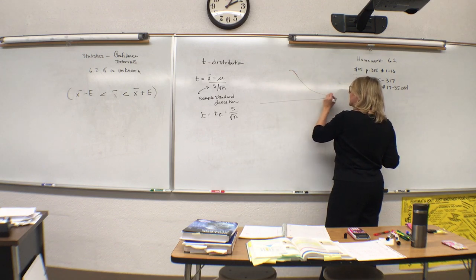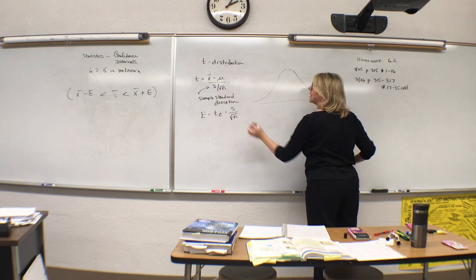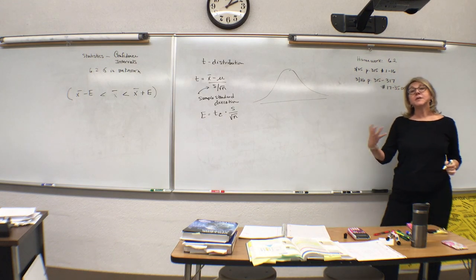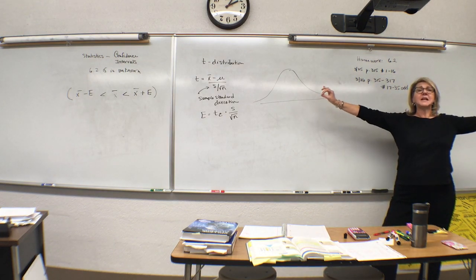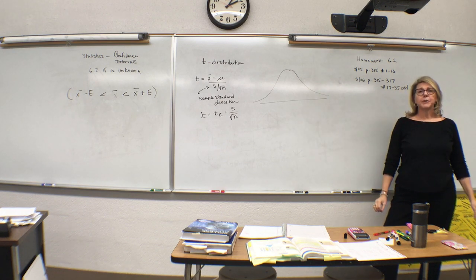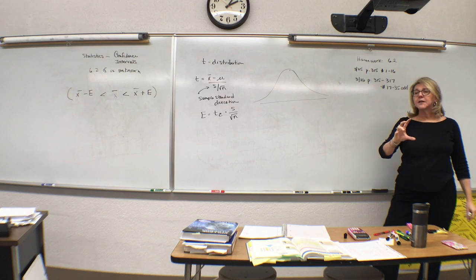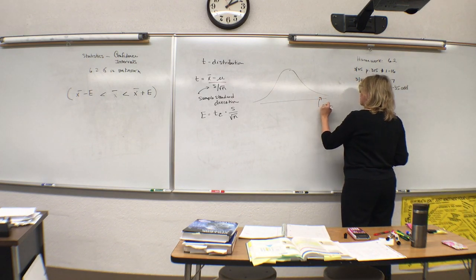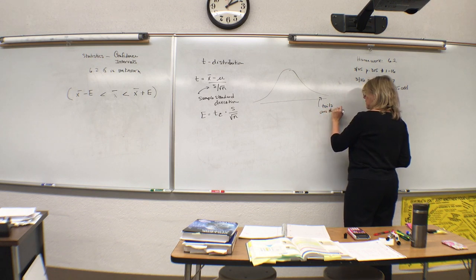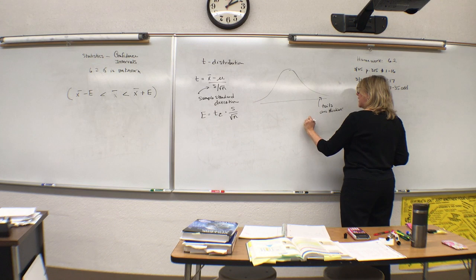We've talked about the fact that the normal distribution is asymptotic, that it's never going to come into contact with the horizontal axis because in theory there could be some minuscule probability as the x values are approaching infinity. So we never intersect. But in a t-distribution, we say that the tails are thicker, meaning greater probability can live there.